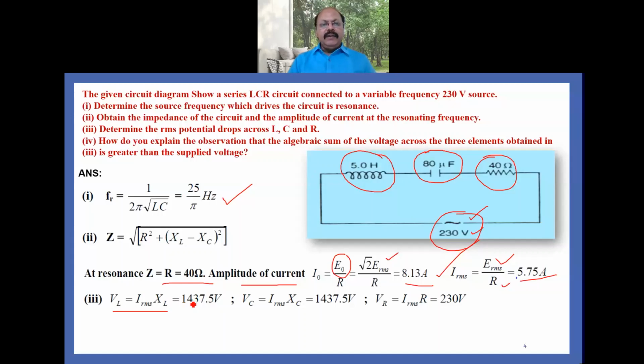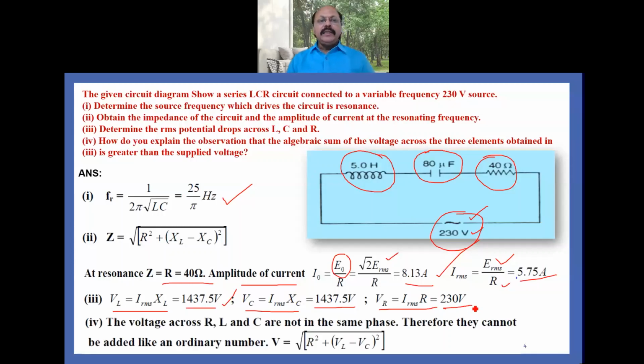At resonance, fR L, substitute the values which are given here and calculate it, and you will get 1437.5 volt. Similarly calculate VC using the formula IRMS XC, and substituting the values you will get 1437.5 volt. And for VR, calculate IRMS R, substitute the values of IRMS and R, and you will get 230 volt.